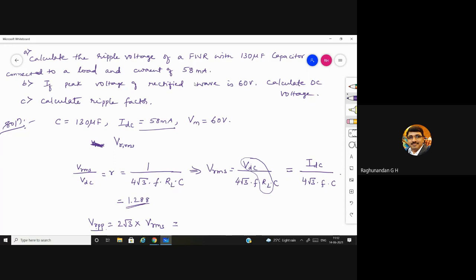This should be used whenever they mention a capacitor. Whenever they are not going to mention a capacitor, you can just stop here and say this is the ripple voltage value. But when they ask with a capacitor, you need to multiply with 2 root 3, then only we'll get the ripple peak to peak.